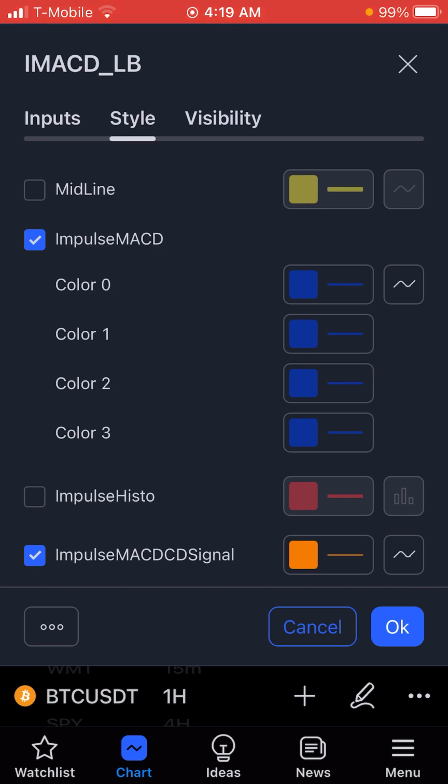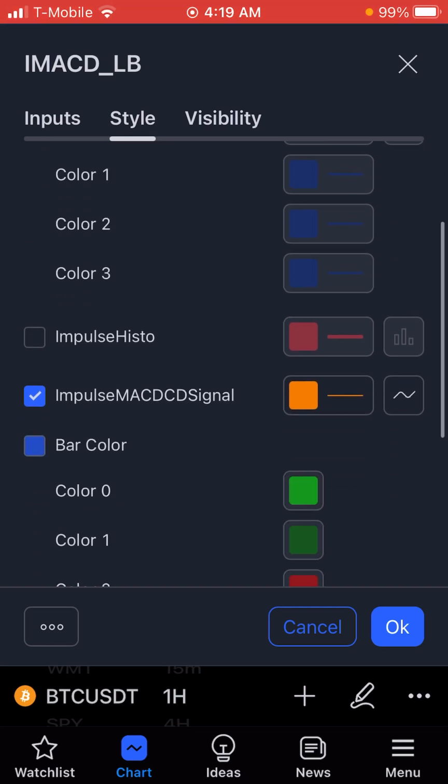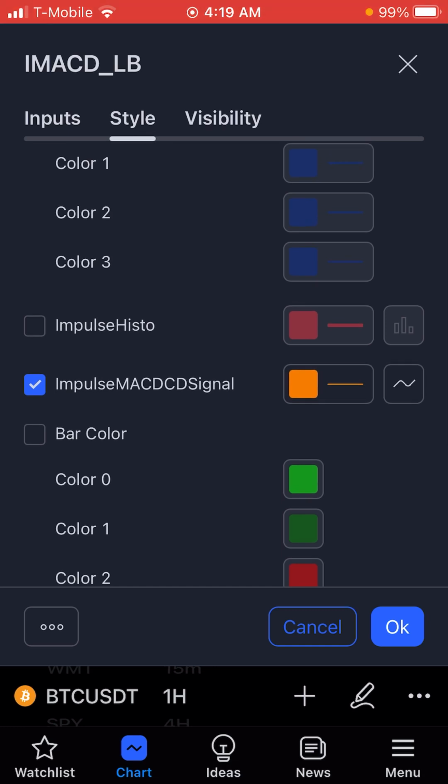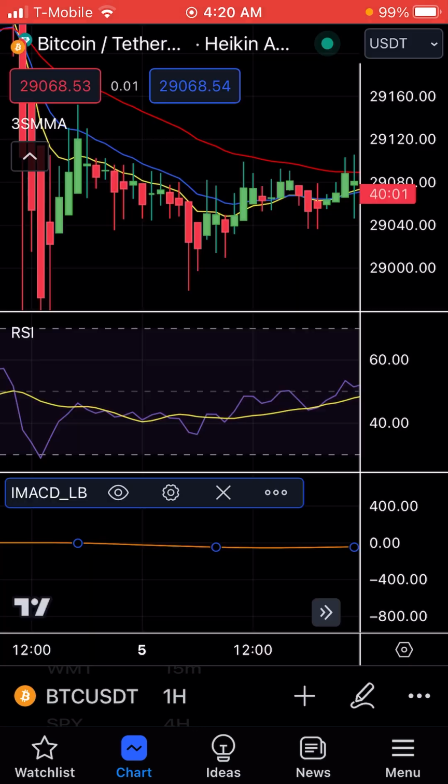I'm only using it for the MACD signal. That's pretty much what I'm using it for. So the MACD signal is all you really need to select. Make sure it's a bright color, orange or bright. Just make it something that stands out.